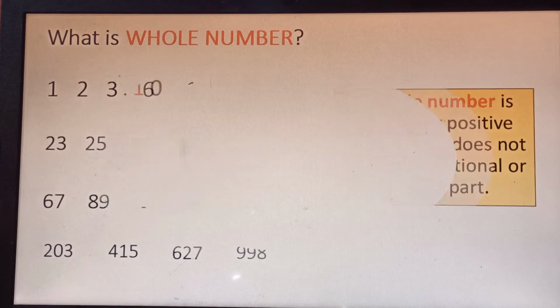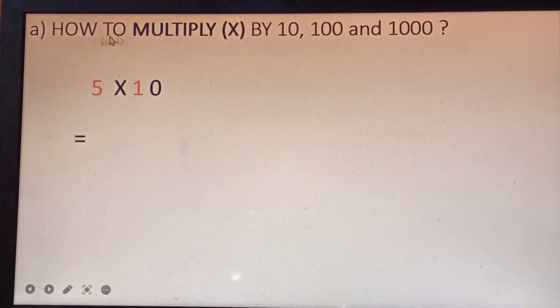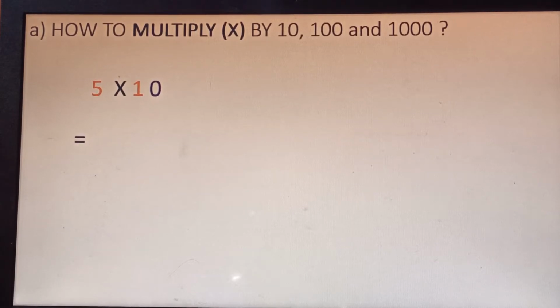Now, how to multiply. This is topic A just now, how to multiply by 10, 100 and 1000. For example, if you see this question, 5 times 10, of course by mentally we can multiply this, right? 5 times 10 is equal to 50, table 5, table 10.